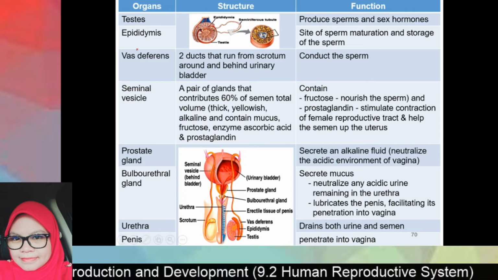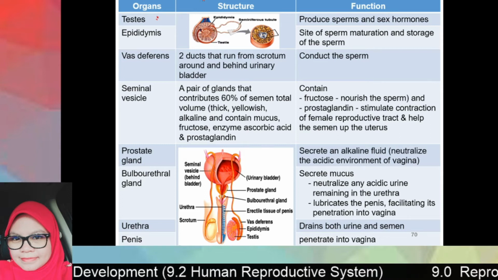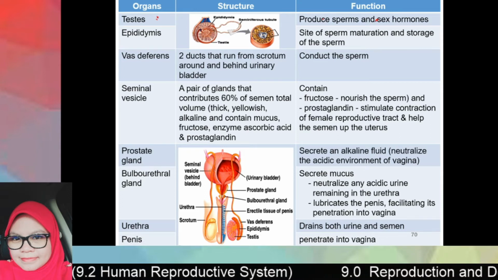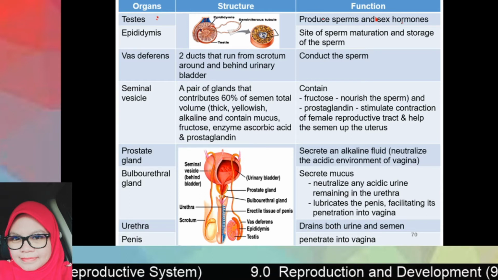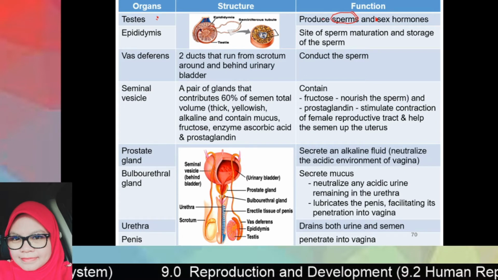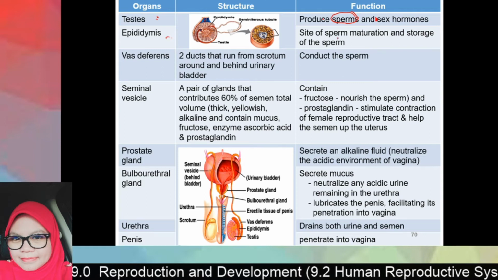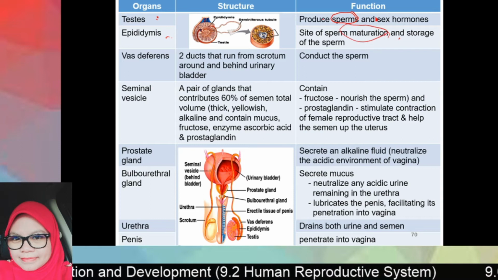Sorry. So the testis is the structure where the sperm is produced and the sex hormone is secreted. When the sperm is being produced, the sperm will go to the epididymis, where the sperm will be stored and it is the site for maturation.